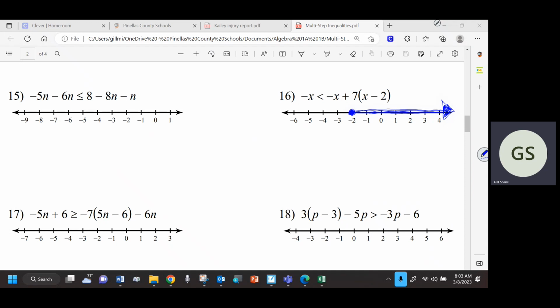To get rid of it, I do the opposite, plus 5n. -5n plus 5n goes away. And I've just told you, if you have variables on both sides, you need to get rid of them on one of the sides. I'm going to go ahead and combine them because we have the same variable. Same letter, same variable, we can combine them.